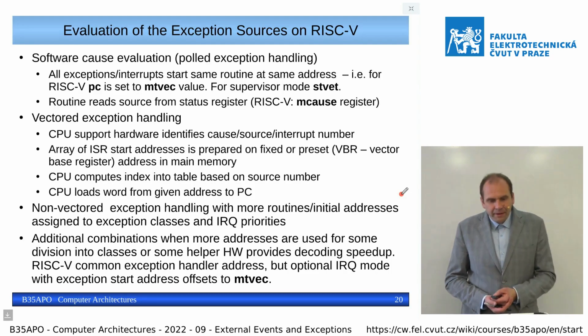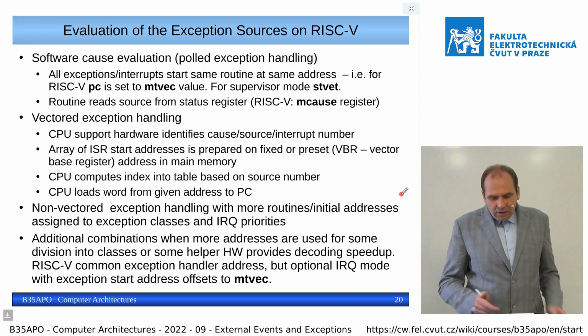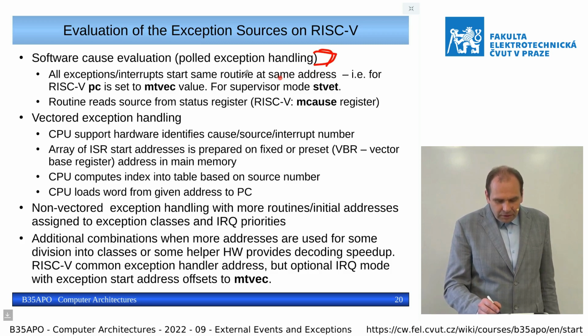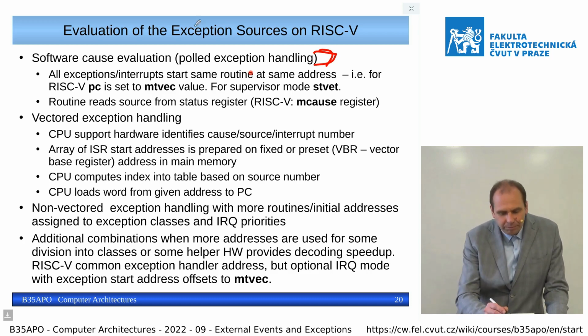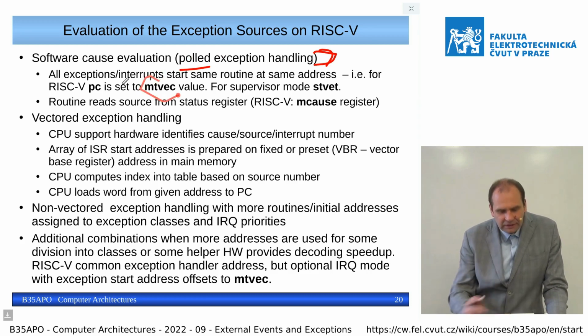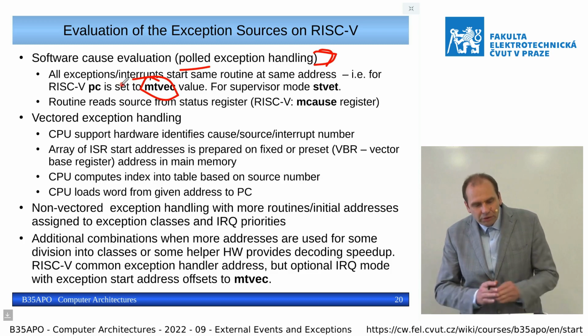Okay. So what we will do is see how exceptions are processed on RISC-V. We can have the processing of the exception in so-called, again, polled mode, where we have only a single target address where all sources of exceptions continue the execution.